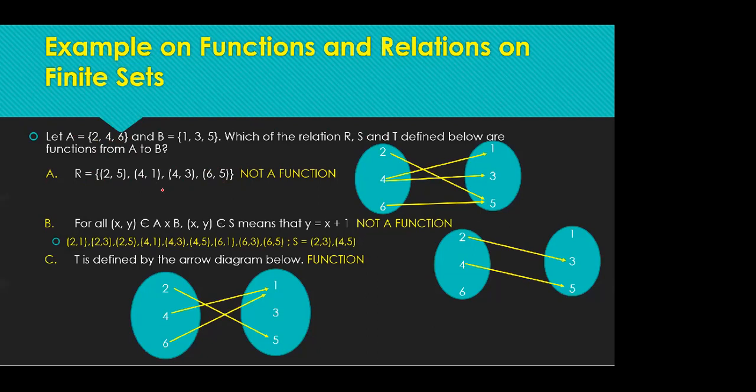But for our second condition, no two distinct ordered pairs in the function have the same first element. So since 4 is repeated here, this is not a function.